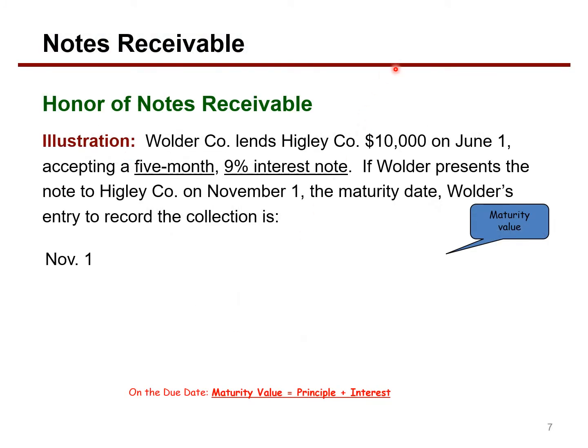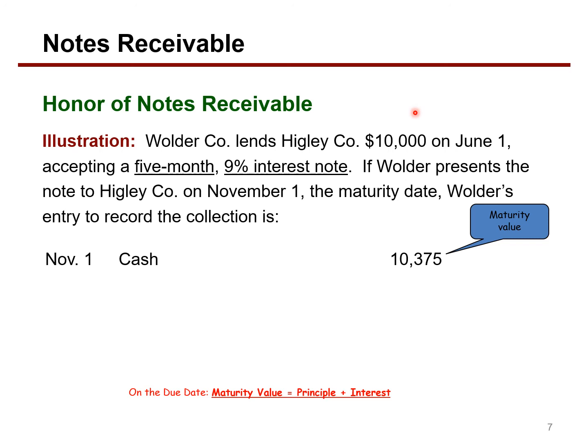Let's say that we are Wolder Company and we lend Hiley Company $10,000 on June 1 by accepting a 5-month 9% interest note. Now, when the note is due on November 1, we're going to receive cash of $10,375.